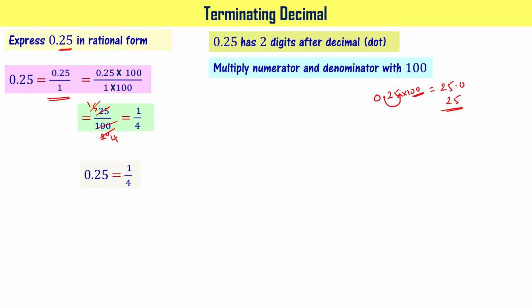So let me write 0.25 as 1 by 4. We have expressed 0.25 as a rational number in its simplest form. Even 25 by 100 is equal to 0.25 and is also a rational number, but we chose to express it in its simplest form. 1 by 4 is the simplest form of 0.25.